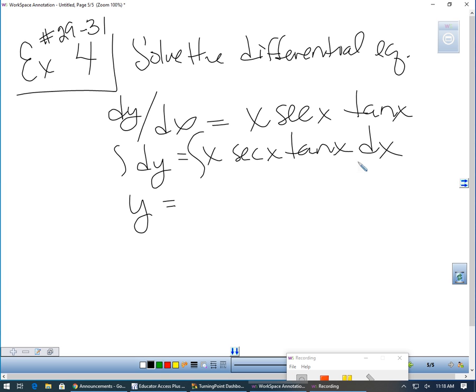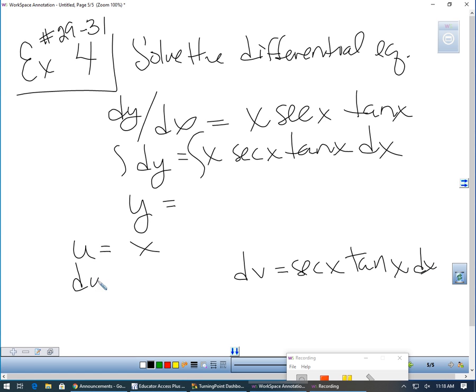So we can choose our u and v, okay? We're going to have to do that here because what's left, we can do an antiderivative, but how many antiderivatives can we do? It's going to stop, right? So we've got to do this by parts. So we have u is going to be x, dv is going to be your secant x tangent x dx.